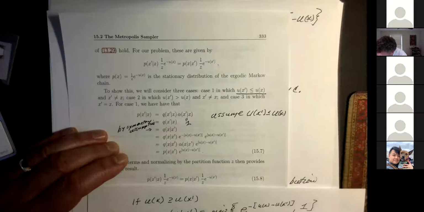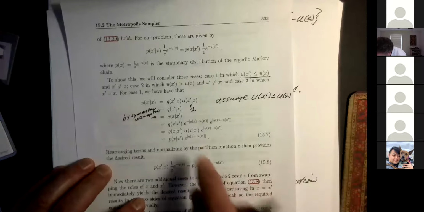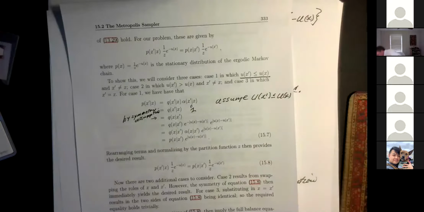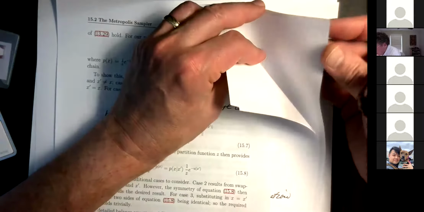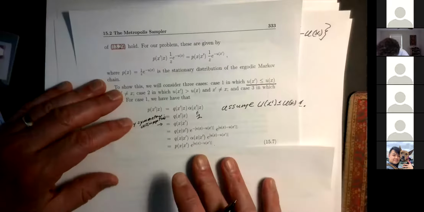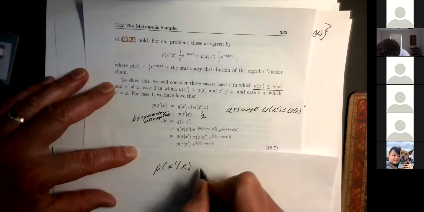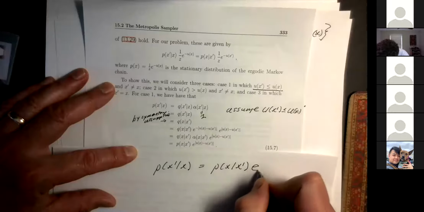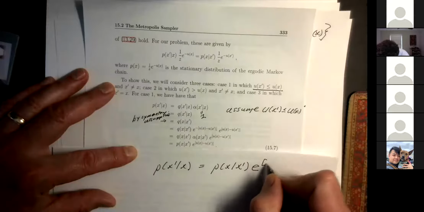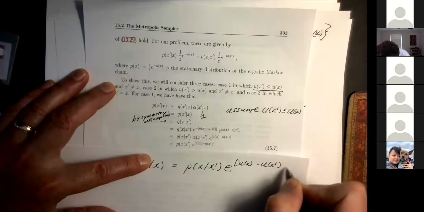Then if I bring the two expressions to either side of the equation, I have that P of x prime given x is equal to P of x given x prime times e to the U of x minus U of x prime.